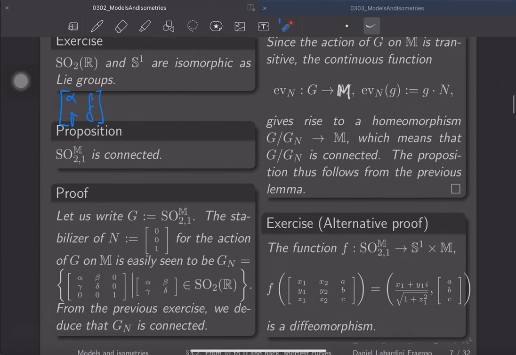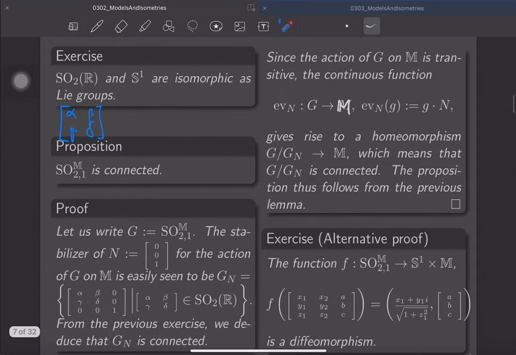With that lemma and the two previous lemmas, one obtains that this is connected. Since the action of G on M is transitive, one has a homeomorphism between the set of left cosets of the stabilizer of N in G and M. M is connected, so this is connected.